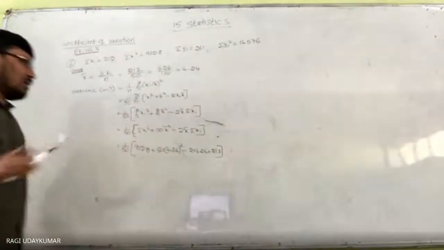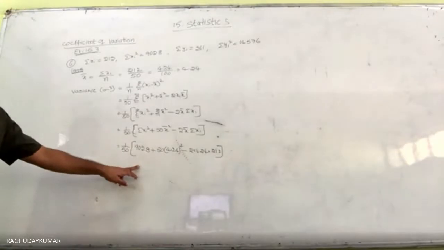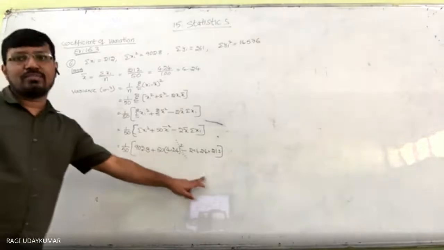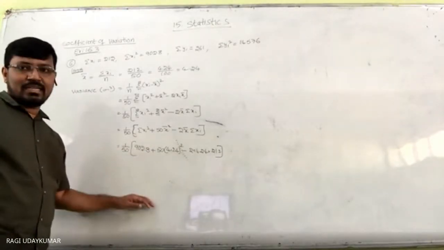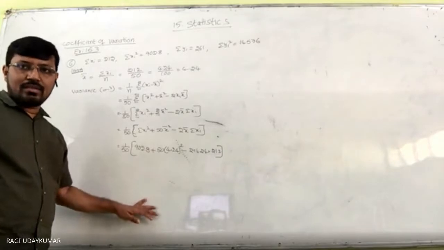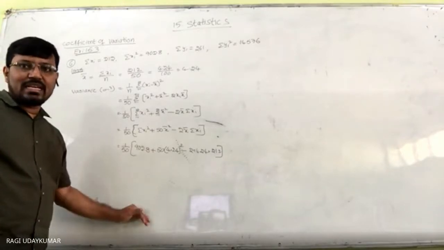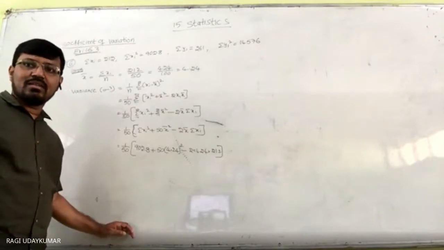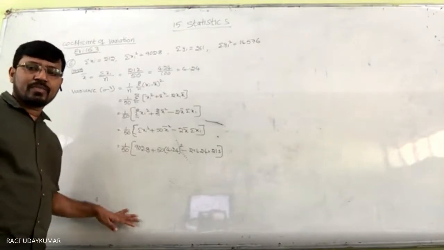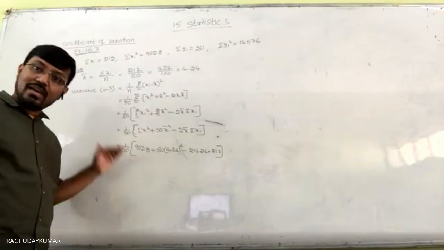You have to simplify this, and after simplifying you will get the variance. Did you understand? After the variance, find the standard deviation, and then find the CV for the length.